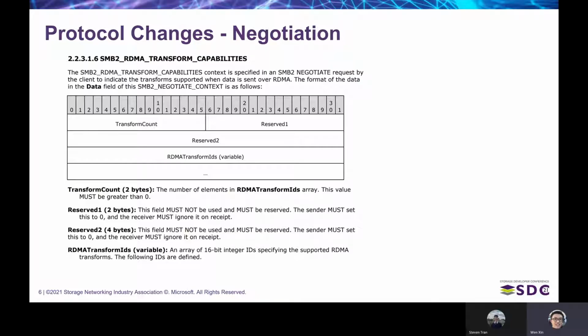You specify how many types of transforms you support: encryption, signing, compression, or a subset of those. And then you have an array of the transform IDs that you support. The client sends what it supports, and then the server responds with a subset of that, what the server supports and wants to use.